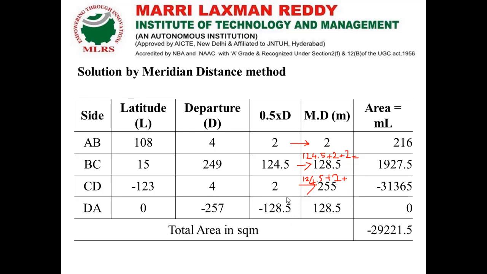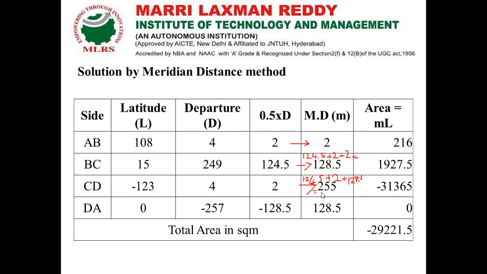Here we don't bother about the sign, we have to take it as positive, so 128.5, which gives the answer of 255.